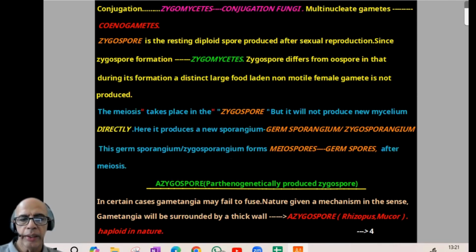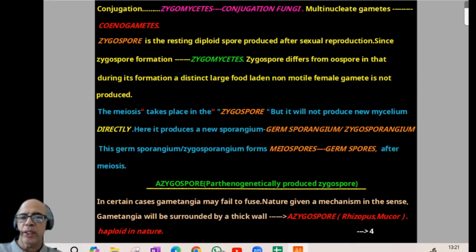I think the idea is clear. Now, meiosis takes place within the zygospore, but it will not produce new mycelium directly. Here it produces a new sporangium, which is called germ sporangium or zygosporangium. The germ sporangium forms meiospores, germ spores, after meiosis.